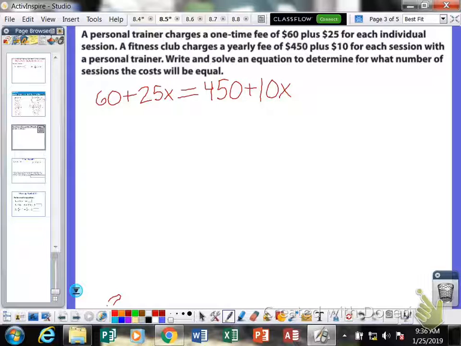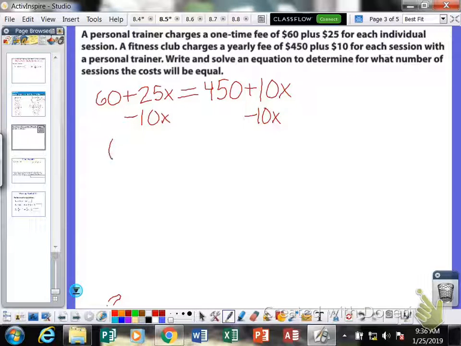Now, we want to get our terms with the same variable on the same side. So we have 25x and the 10x. Again, I like to keep things positive. I'm going to subtract 10x from each side.